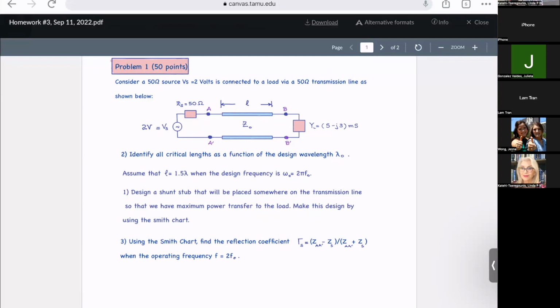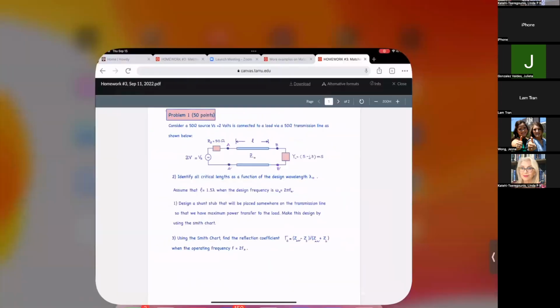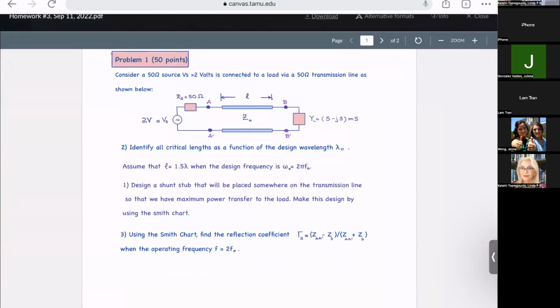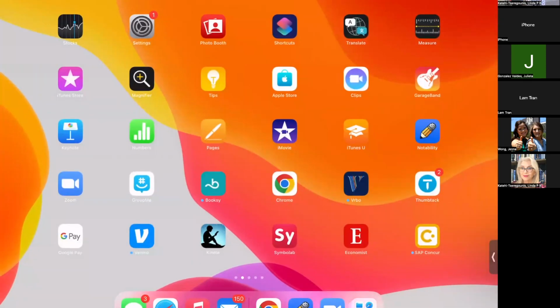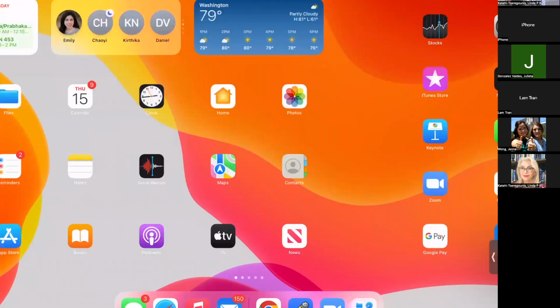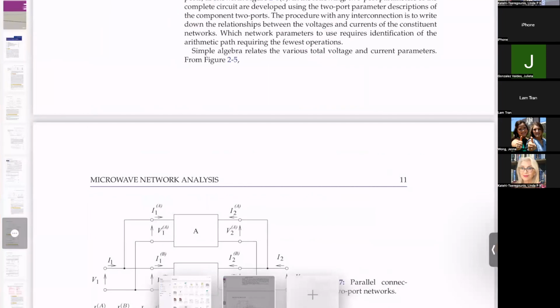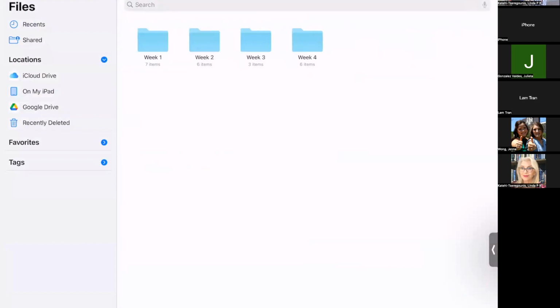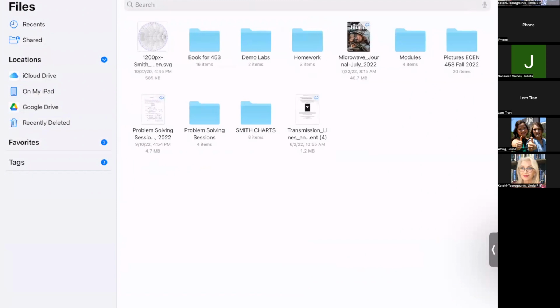Okay, so what I will do is solve a problem using the Smith chart practically. So I'm gonna do 2 things. I'm gonna find a good Smith chart first of all. Go to the modules, I'll go to Smith charts.